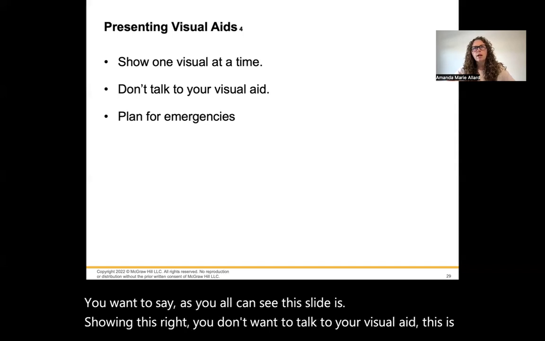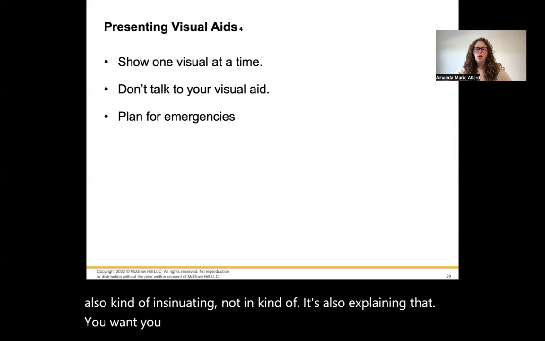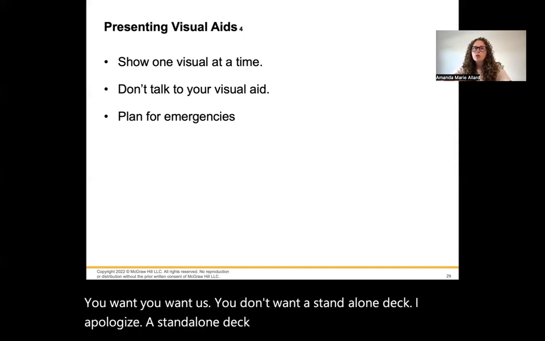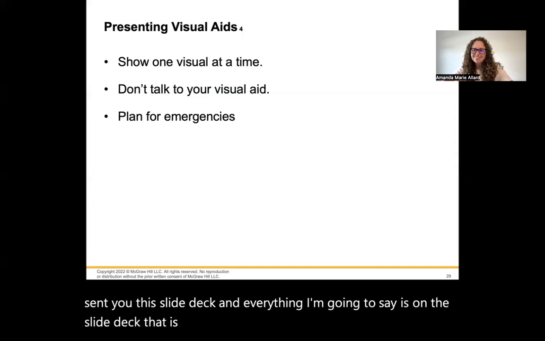This is also explaining that you don't want a standalone deck. A standalone deck is when, let's say I sent you this slide deck and everything I'm going to say is on the slide deck. That is not good.